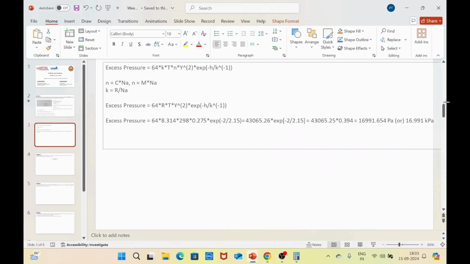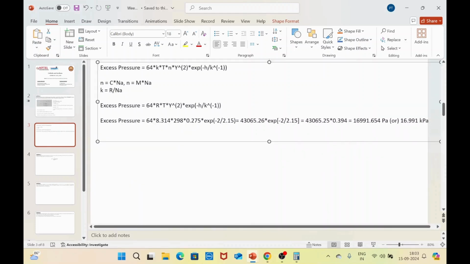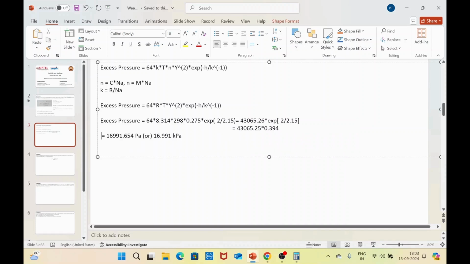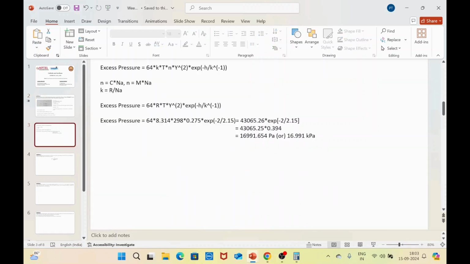So this is the amount of excess pressure that is present between the two interacting planar surfaces. So I hope all of you got the same value. If not, please let me know so that we can cross verify whether our calculations are right. Or if you have any doubts related to this question, then please let me know.